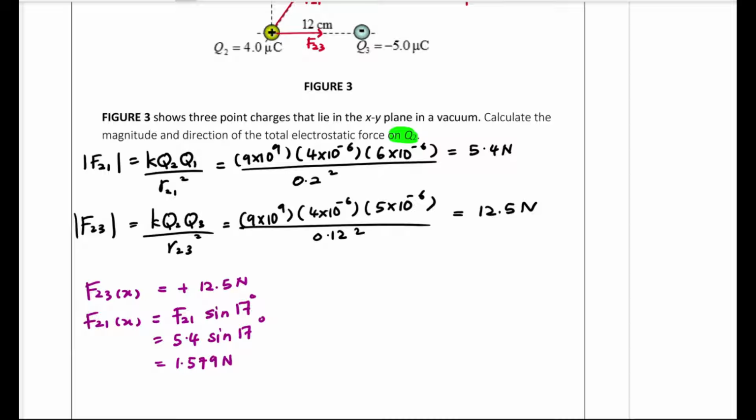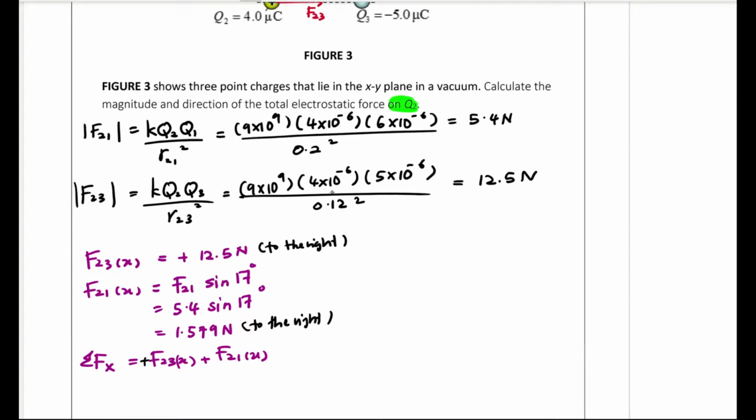If you want to find the total force in the X component, add F23x plus F21x. Both directions are to the right, so positive. So when you add, you add directly. Both positive. So the total is 14.08 Newton.